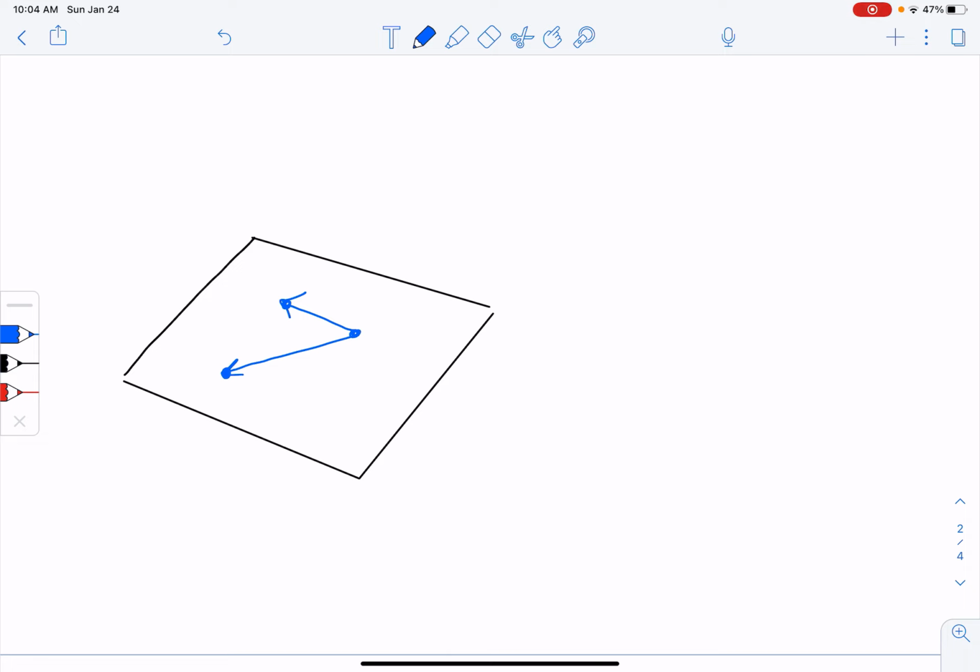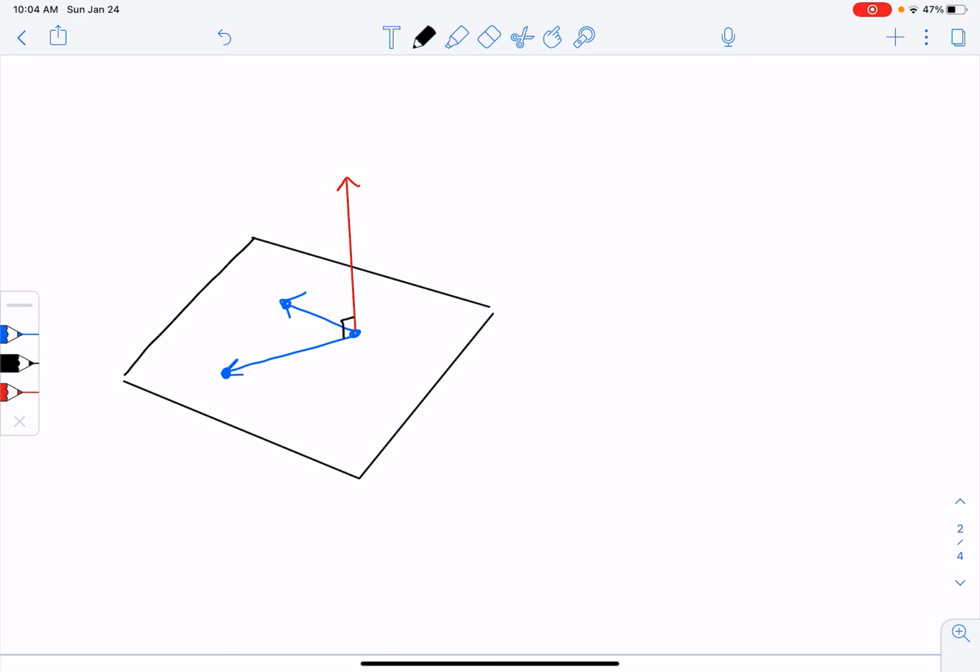But another way to think about that is once we have 2 vectors, we can construct a third vector, and that third vector is perpendicular to the first 2 vectors and is therefore perpendicular to the entire plane.